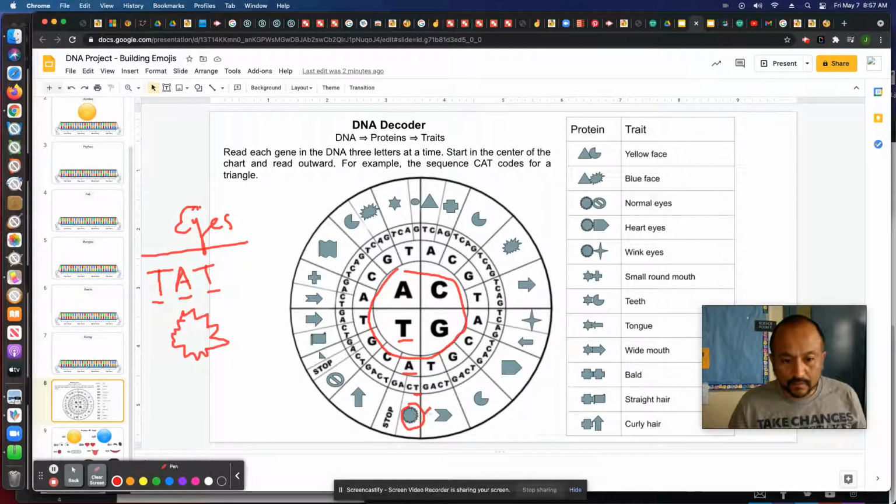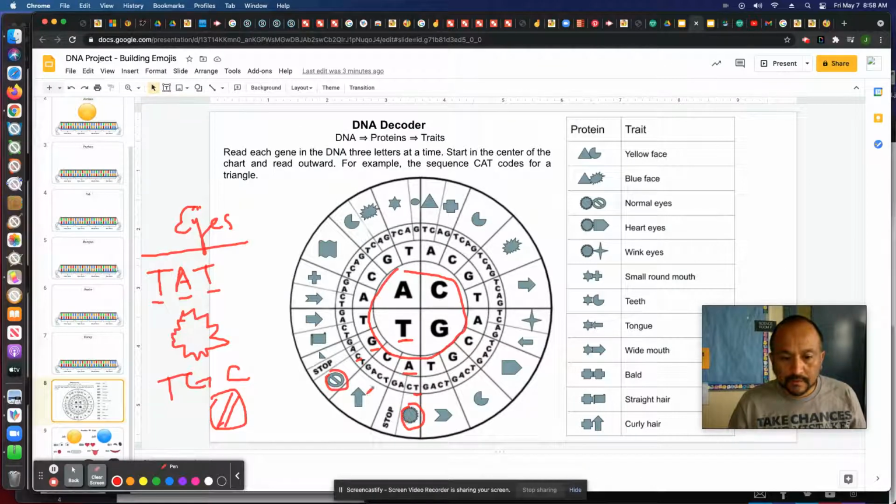And so now we're going to look for TGC. TGC. So we're going to start inward. There's T. There is G. And there is C, which is this symbol here, which is kind of like a stop, like do not cross, do not come in, beware sign.